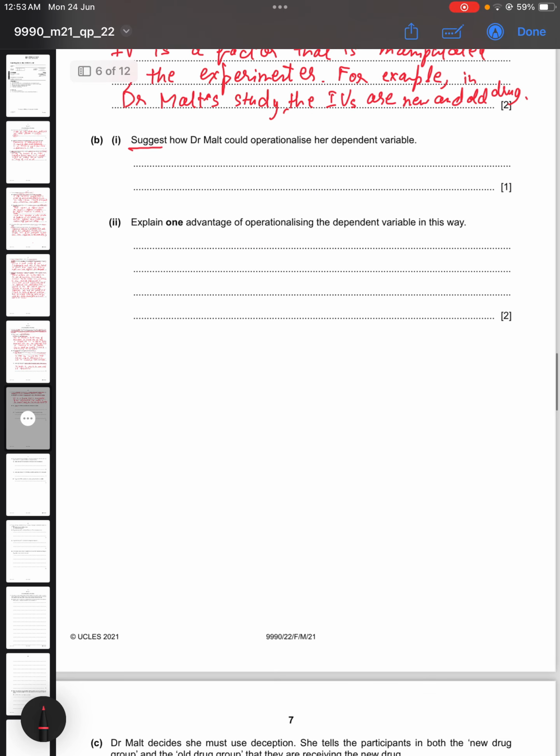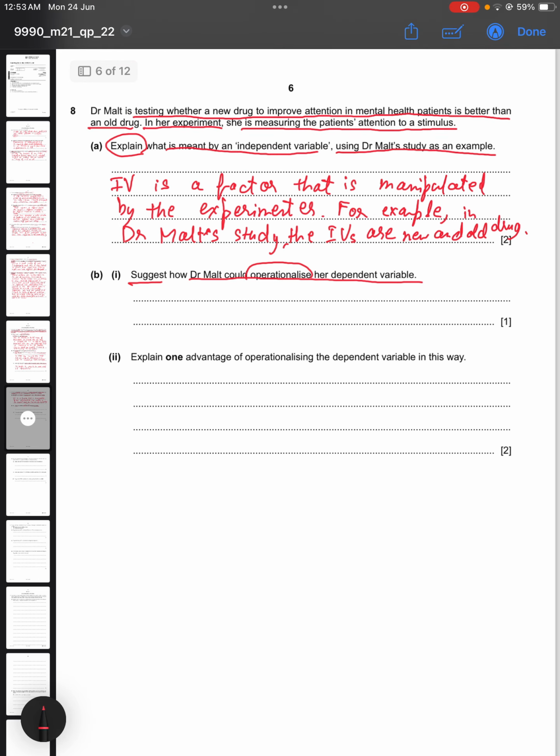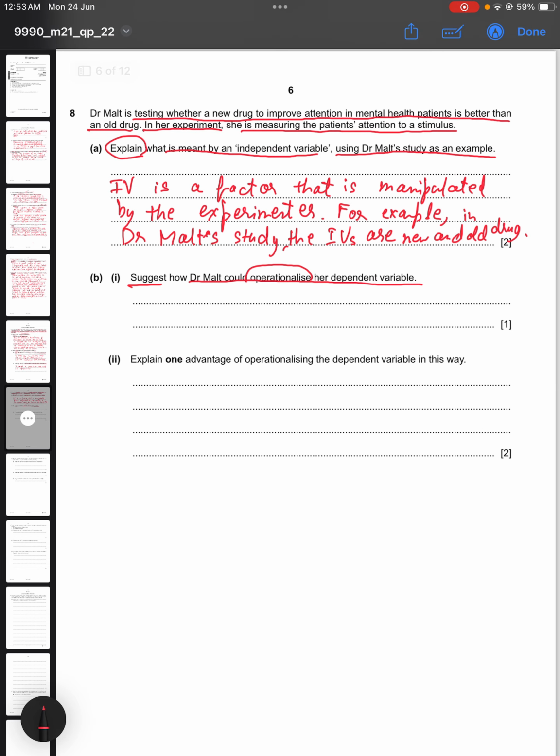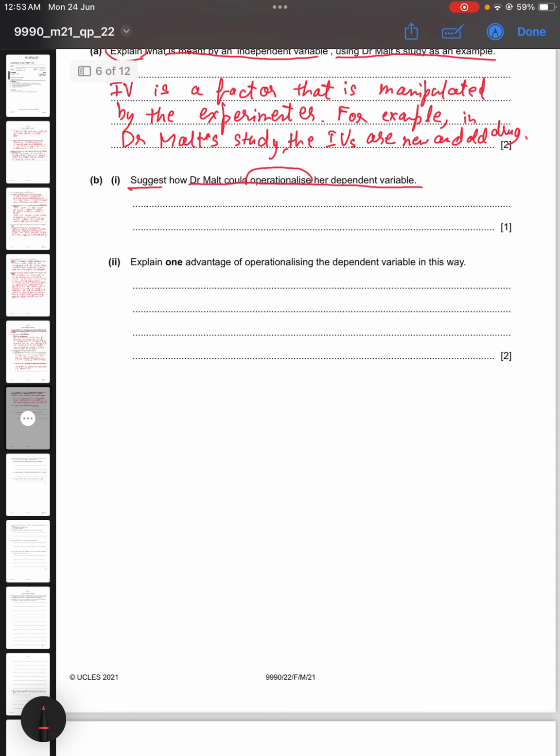Now suggest how Dr. Malt could operationalize her dependent variable. Her dependent variable was whether it is better for the mental health. How can she operationalize that dependent variable? It is for 1 mark, so we just simply need to suggest it in one sentence.